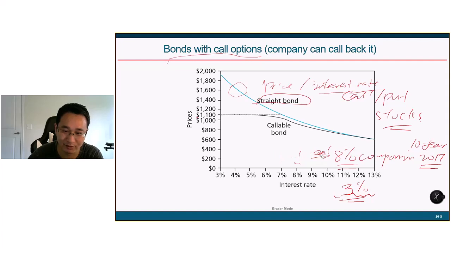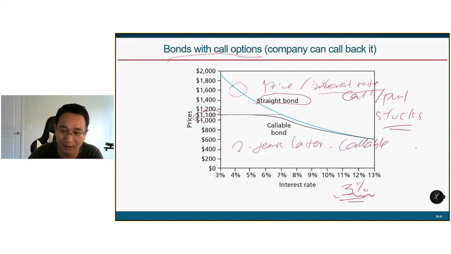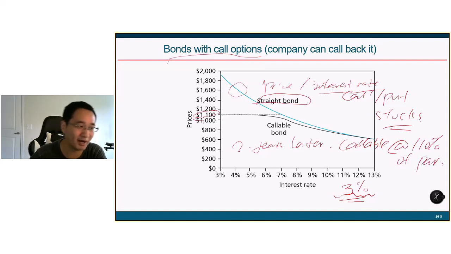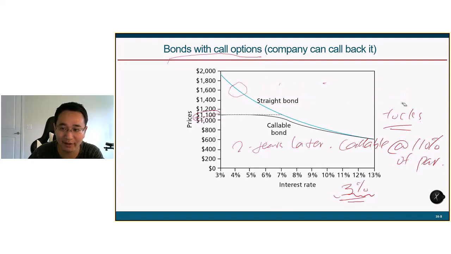Let me just erase this part. They will tell you that maybe 2 years later, it is callable at, like, 110% of par. So this is a contract. When you buy the bond, you have a contract with the company, and the company says 2 years later, they have some lockup period.